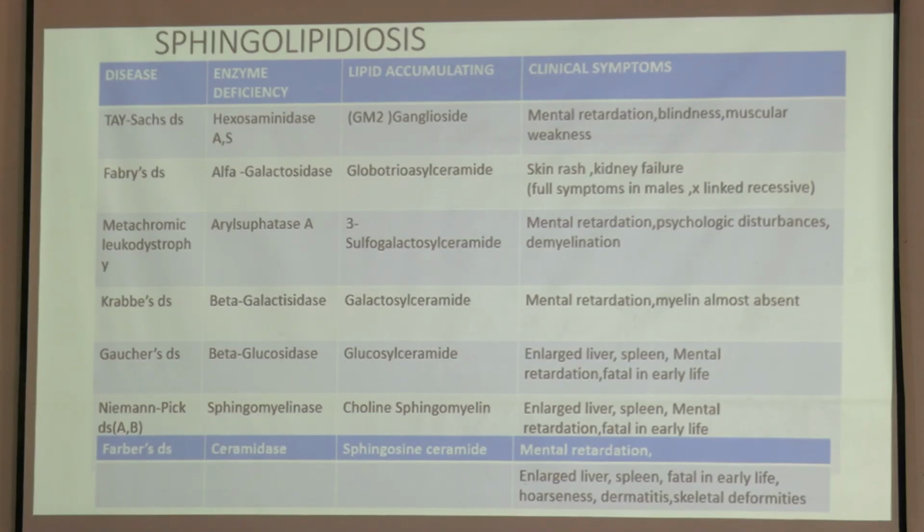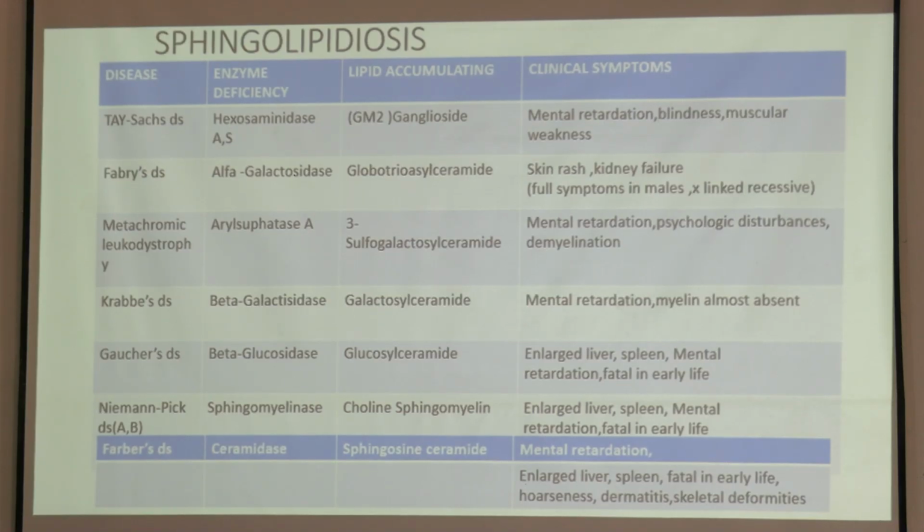Then the third one is metachromatic, not metachromic, metachromatic leukodystrophy. Enzyme deficiency is aryl sulfatase A, lipid accumulating is 3-sulfo-galactosylceramide. Clinical symptoms are mental retardation, psychological disturbances and demyelination. Fourth is Krabbe's disease, enzyme deficiency beta galactosidase, lipid accumulating is galactosylceramide.